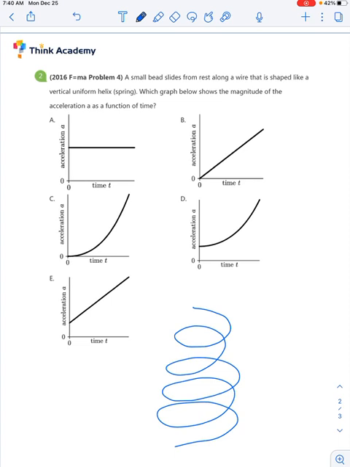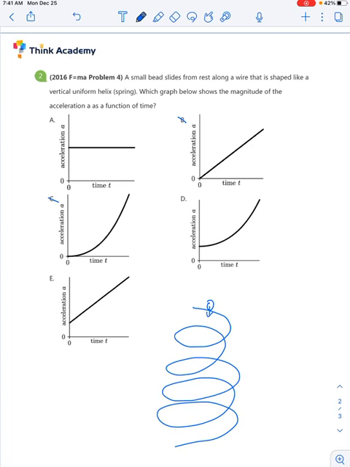So first of all here, when you have the object just over here, the acceleration is not going to be just 0 at first, because there will always be gravitational acceleration. So if you just know this fact already, you can eliminate answer choices B and C, because there will always be the gravitational acceleration.